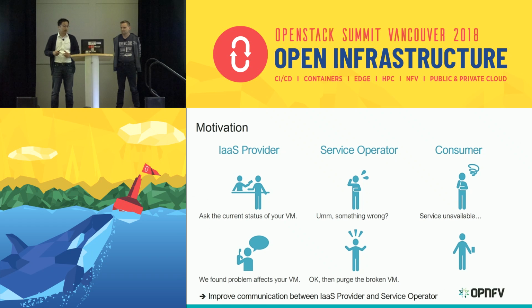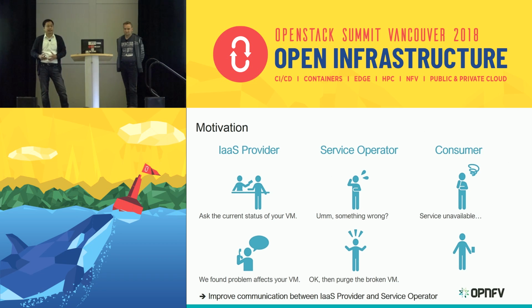So before the Doctor framework landed in the OpenStack platform, the situation was something like this. The service provider or OpenStack administrator allowed the user to get a VM very quickly, but the status of the VM or status of the data plane network is stored on the OpenStack side.